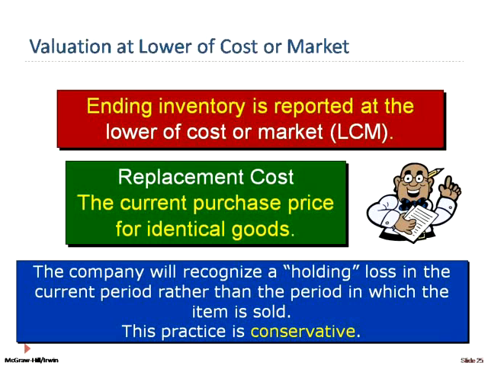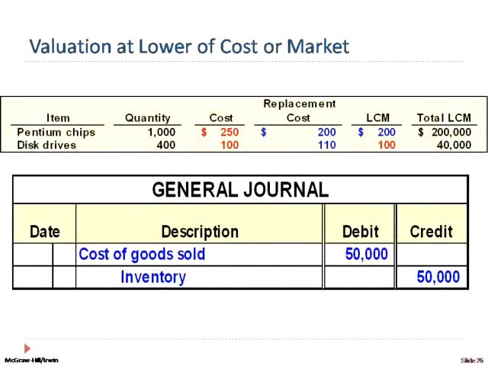Under lower of cost or market, companies recognize a holding loss in the period in which replacement cost of an item drops rather than in the period in which the item is sold. The holding loss is the difference between the purchase cost and the lower replacement cost. It is added to the cost of goods sold of the period.